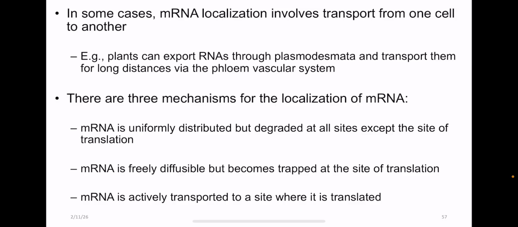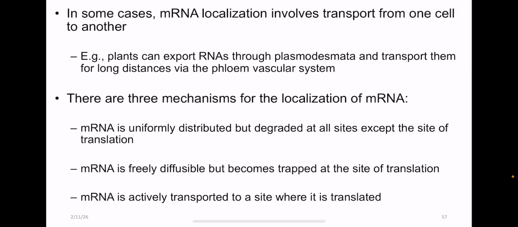Like in plants, for example, RNAs are exported or transported through the plasmodesmata for long distances, and they are transported via the phloem. So let's talk about the mechanisms for the localization. These are three propositions made. One is that the mRNA is uniformly distributed but degraded at all sites except the specific place of translation.